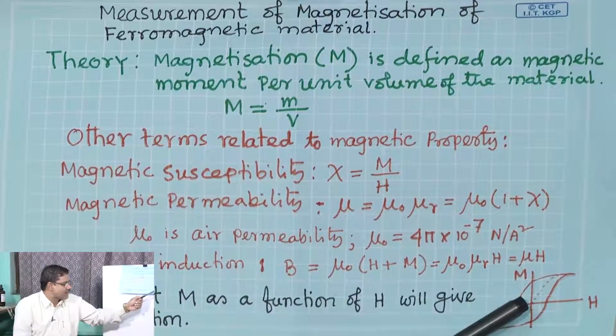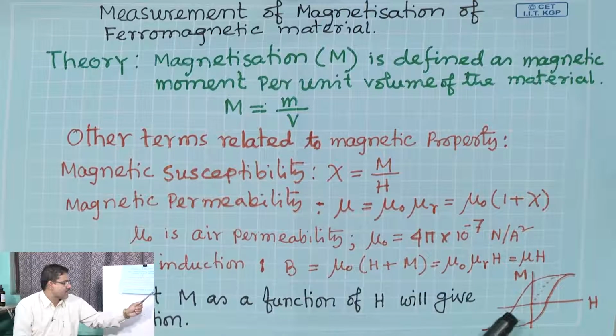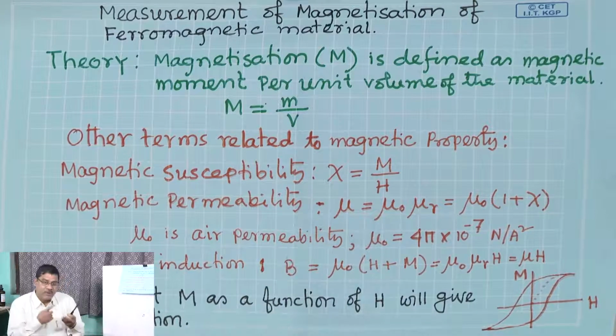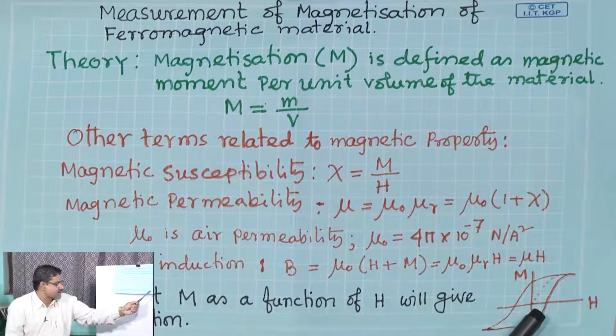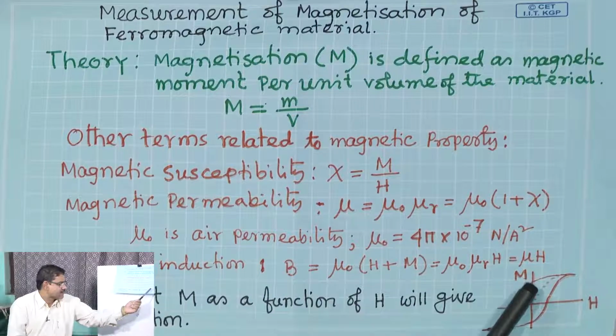What is the remanent magnetization at zero magnetic field, and at which field this M becomes 0. That is the coercivity, or we say switching field. You can see this at the coercivity magnetic field. If the field is slightly increased or decreased, then the direction of magnetization goes from positive to negative, or negative to positive.